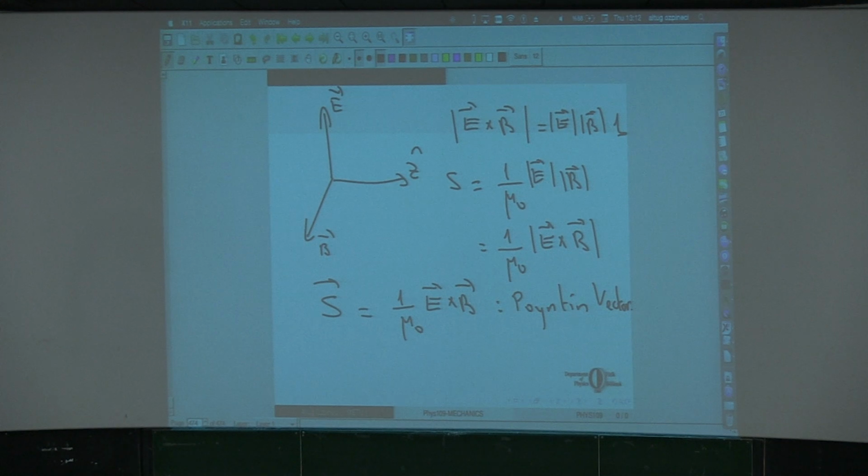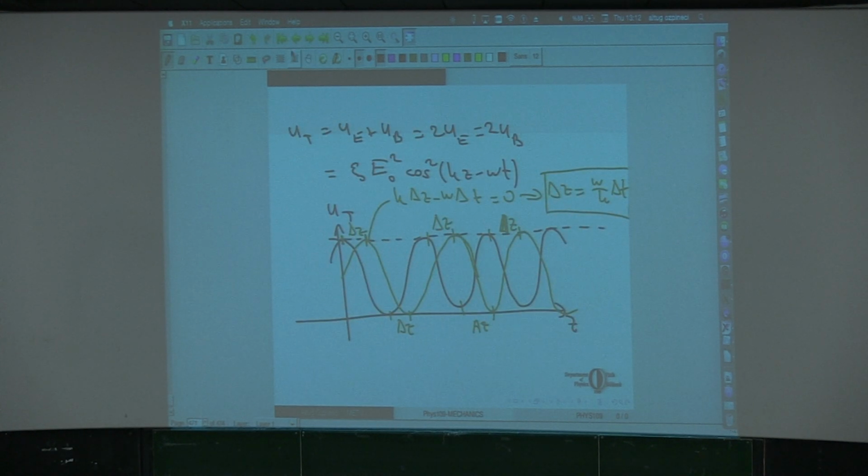Well, because the wave is moving in the z direction. That's the direction of the motion of the wave. You see, we started looking at the solution over here. This solution at t equal to 0 just looks like this.